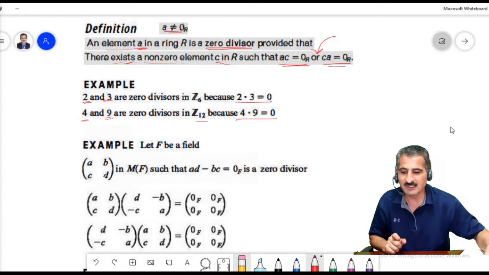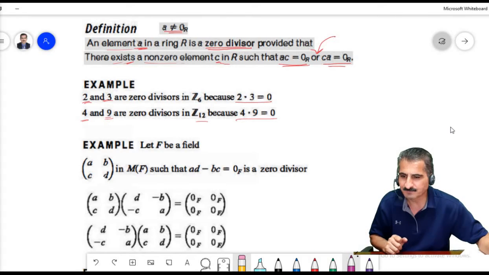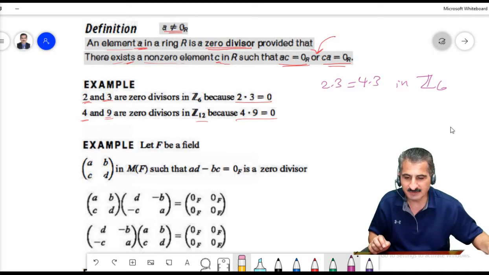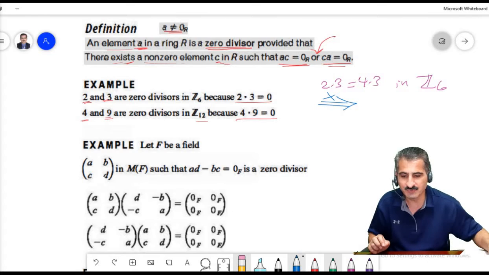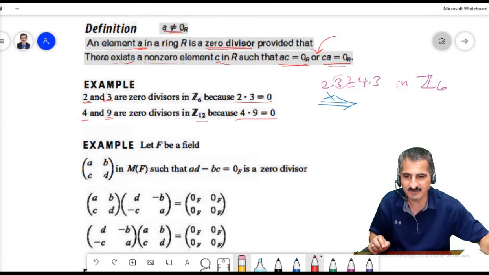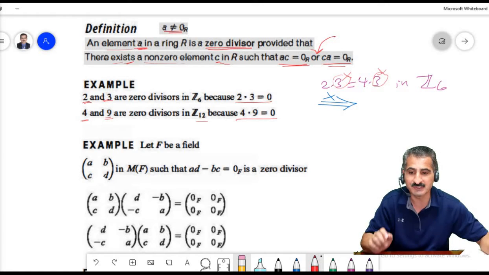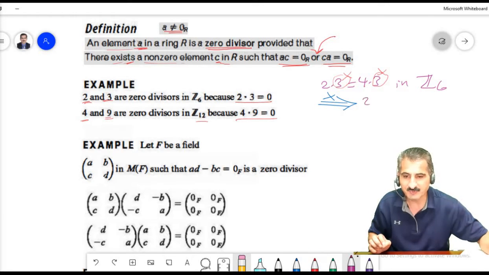Now notice something we will see in a little while: 2 times 3 equals 4 times 3 when we work in Z6, right? Because each of them will give us 0. But we cannot do cancellation. We cannot say, okay, 2 times 3 equals 4 times 3, so cancel the 3 here and the 3 here, and then we obtain 2 equals 4, and this is a disaster.